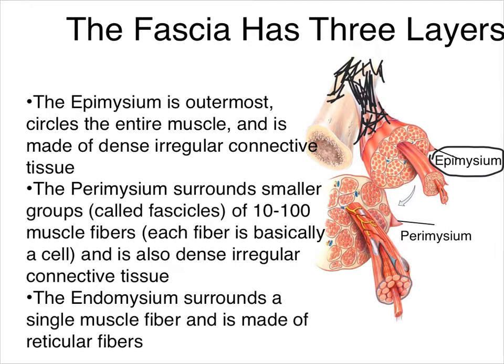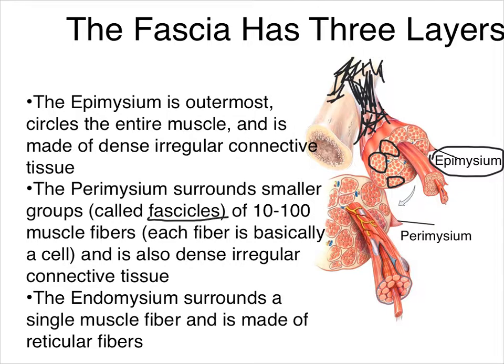But as you see this muscle here, right, that's the whole muscle there, and then you look inside and you see these bundles inside of it. Like, we've got a bundle kind of here. We got a bundle here. These are not cells. These are bundles of cells called fascicles.